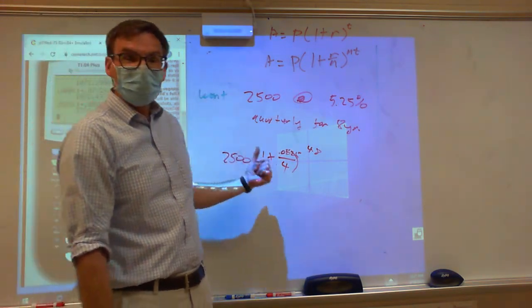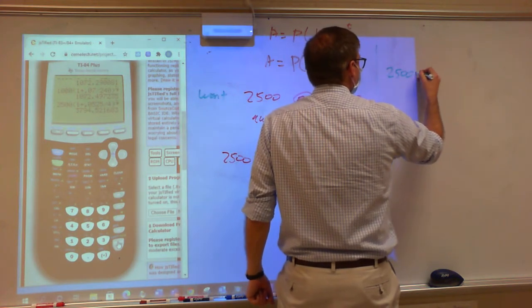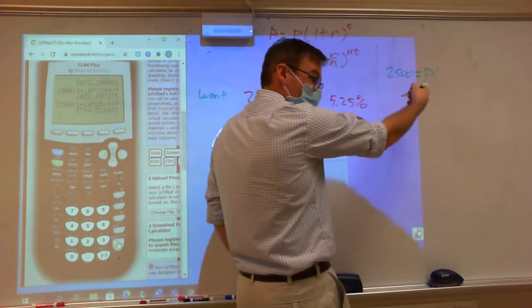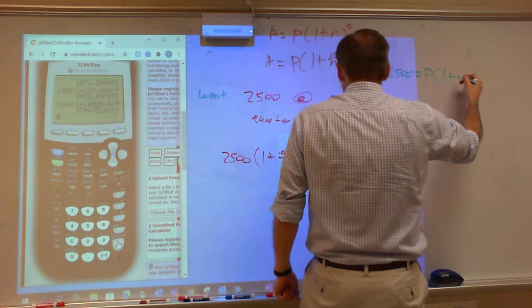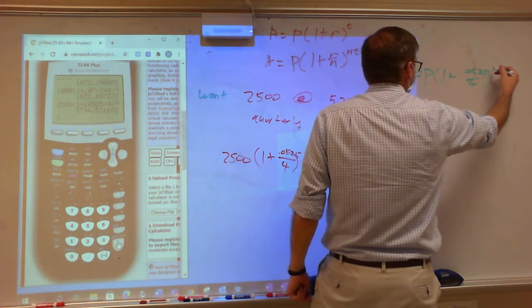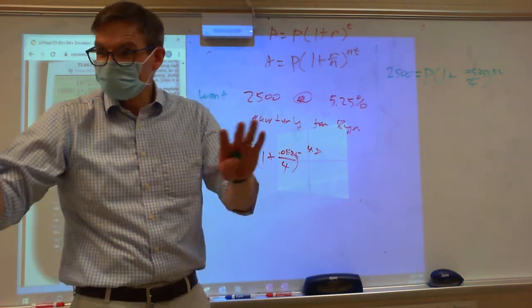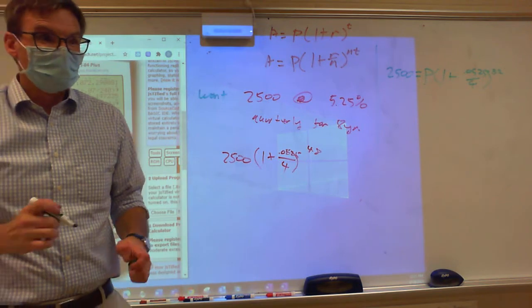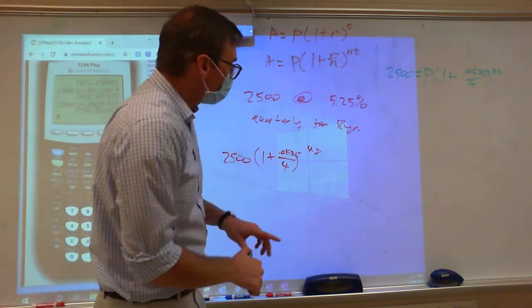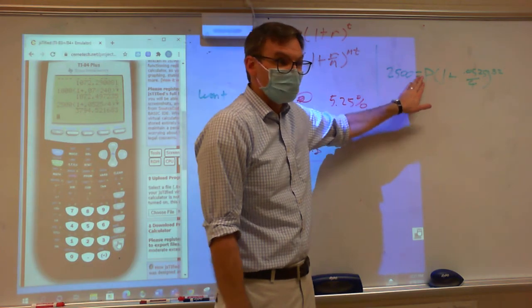I have to put it in for the A. And so if I plug that in for the A, that's going to give us 2,500 equals P times 1 plus 0.0525 over 4 to the 32. Do you see the difference? If you start with a certain value, you get to plug it here, right? If you want a certain value, you have to plug it here.